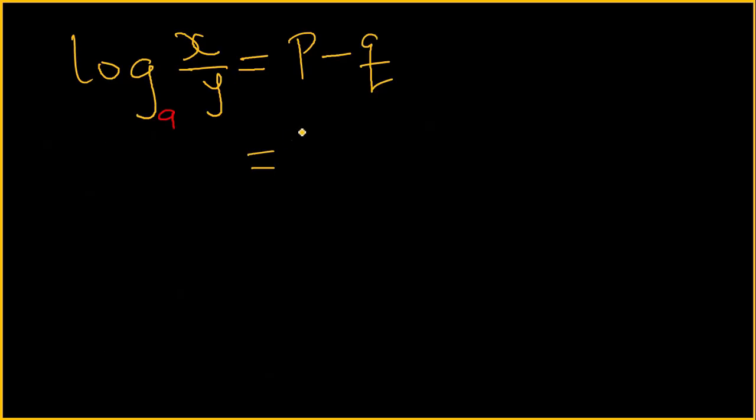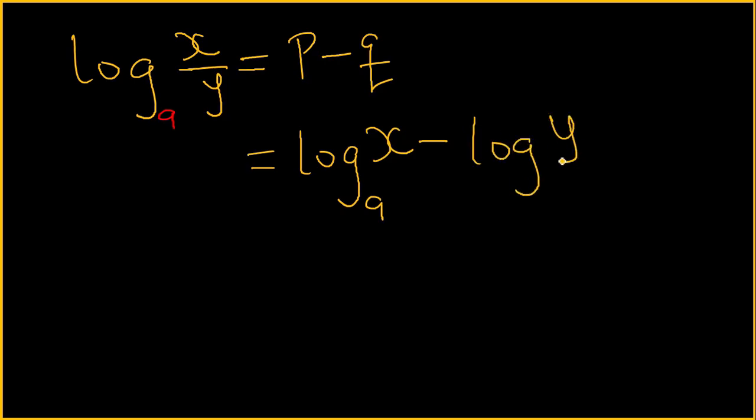So we have p, which is now log x base a minus q, which is also log y base a. So log x on y base a yields log x base a minus log y base a. And this leads us to the second law of logarithm derived from the second law of indices.